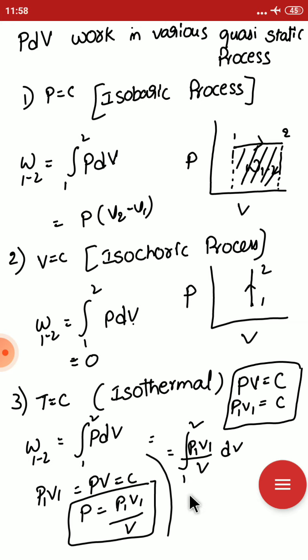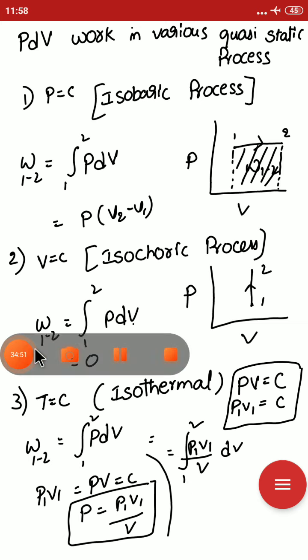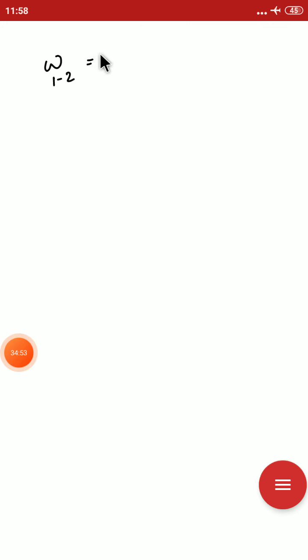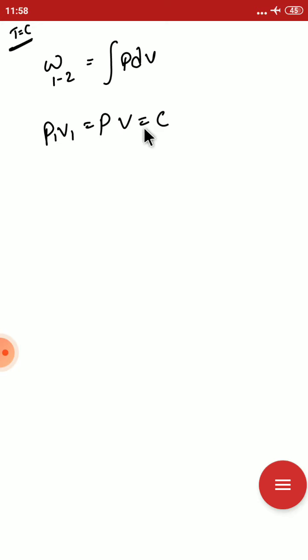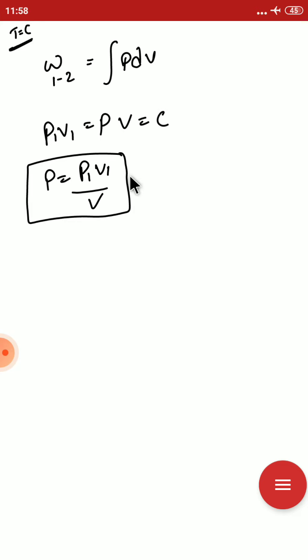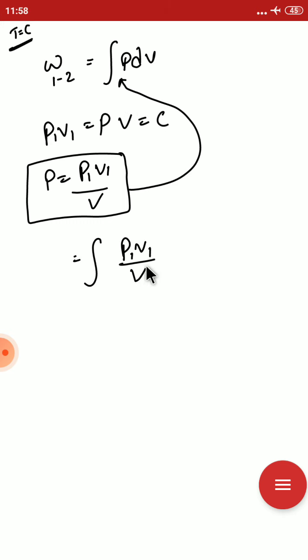Okay, we will write it on the next page. The PdV work in a constant temperature process is the integral of PdV. PV is a constant, so P can be written as P1 V1 by V. We substitute it here: integral of P1 V1 by V dV for the 1 to 2 process.